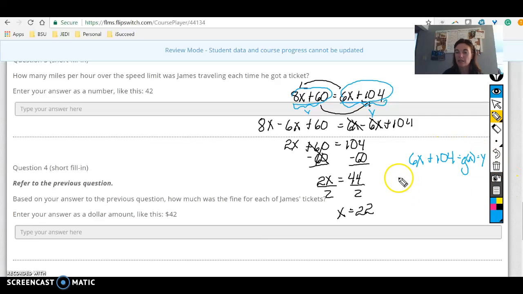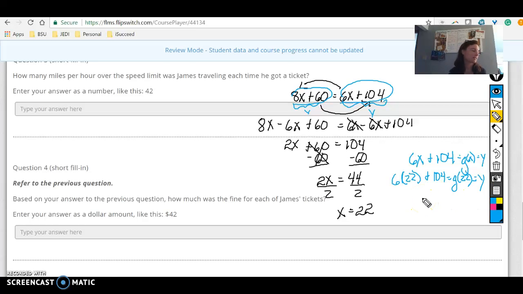If I plug in 22 for x, that's 6 times 22 plus 104 equals g at 22, which equals my fine y.